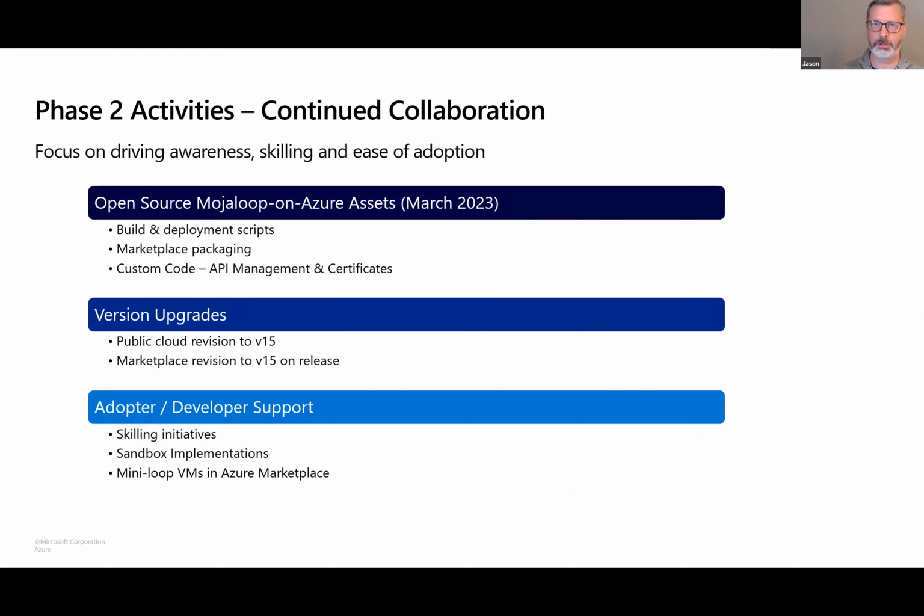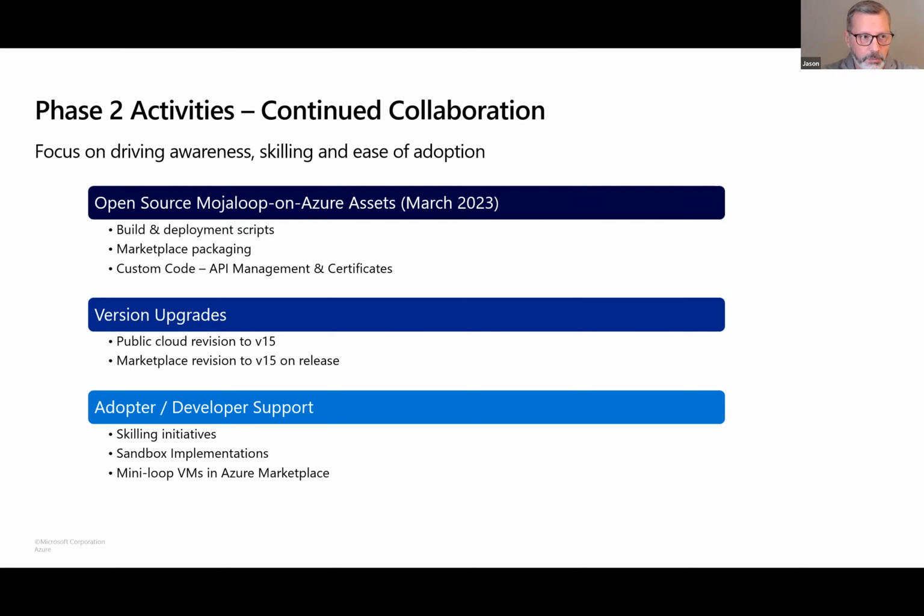All of the code that we've written, the modifications to the scripts, some custom code that plugs into Azure API Manager to up certain security elements, all of the build and deployment scripts, everything that we use to package up for Azure Marketplace. We're aiming to have that fully open source by the end of March, and we're working actively on that right now.